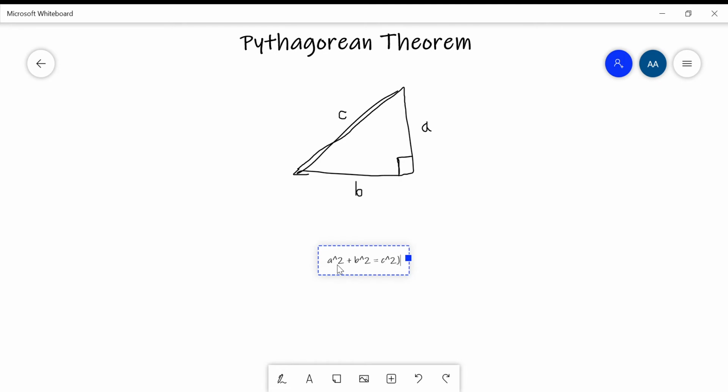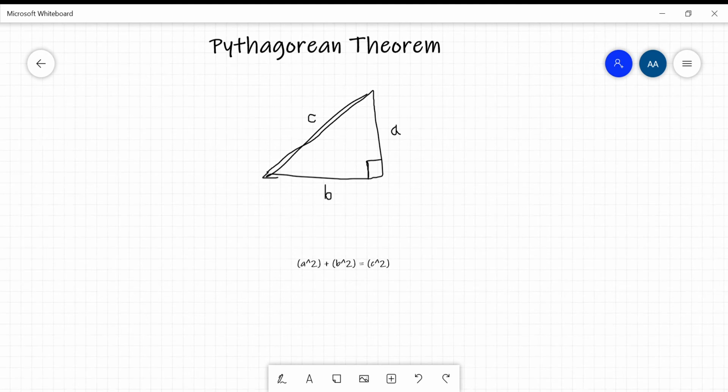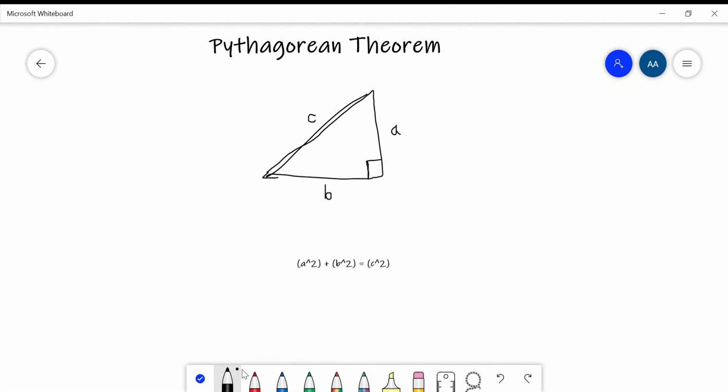So I'm going to put parentheses so you guys can comprehend it a bit easier, hopefully. So, the Pythagorean theorem basically is a squared plus b squared equals c squared.